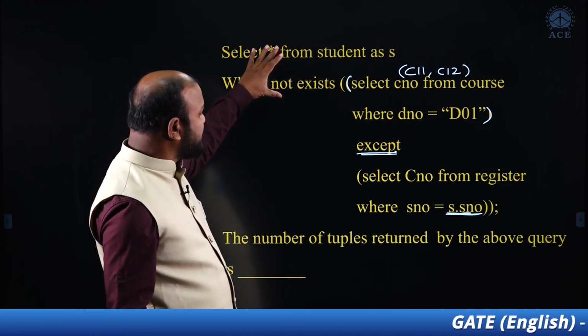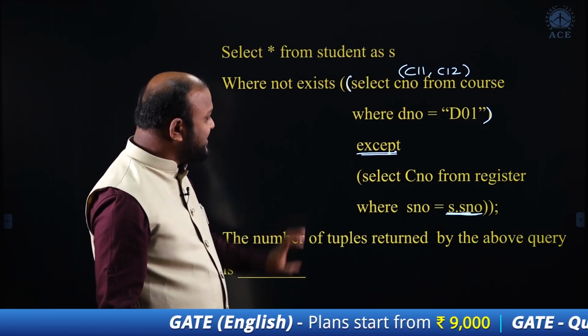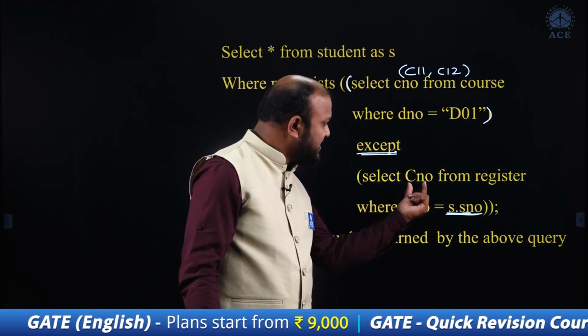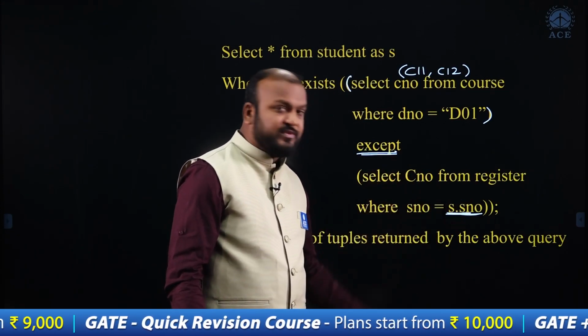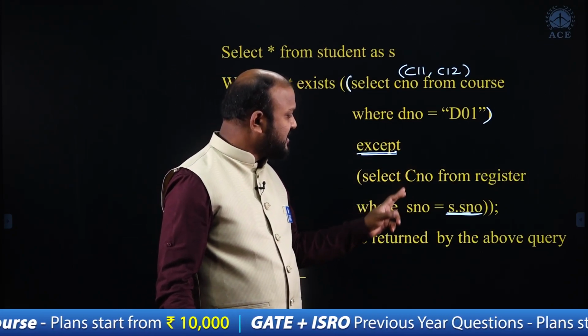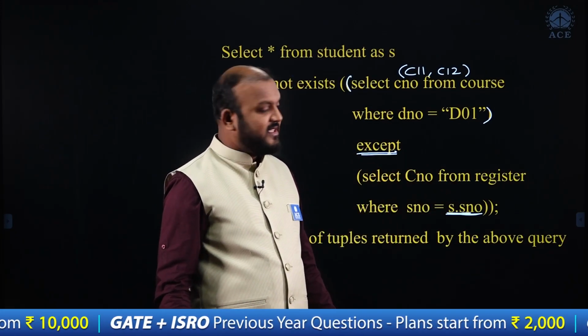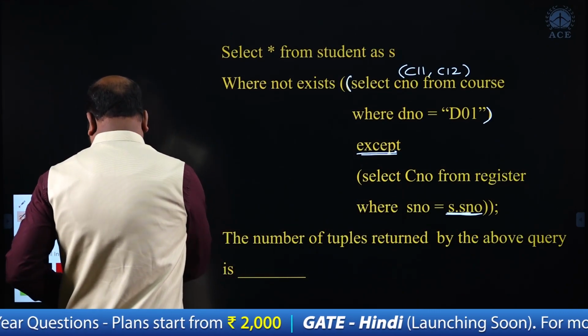Meaning for every student, this inner query is going to be evaluated. And what is this inner query going to find? It is going to find the course numbers from the registration table for that particular student. Meaning for the student in the outer query, it is going to find the course numbers that the student registered for. For every student. Okay, we will check it one by one.